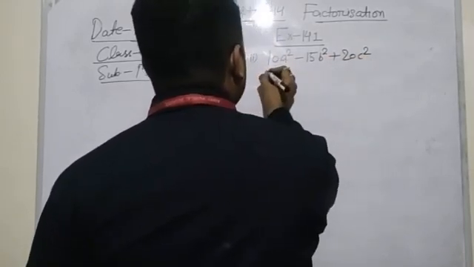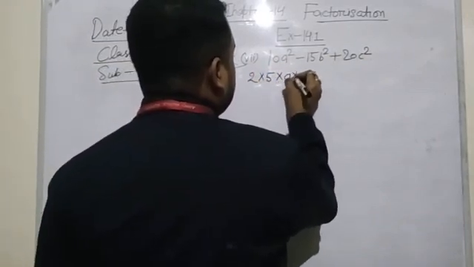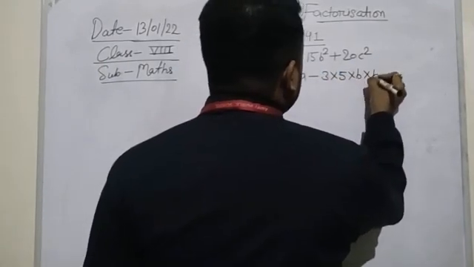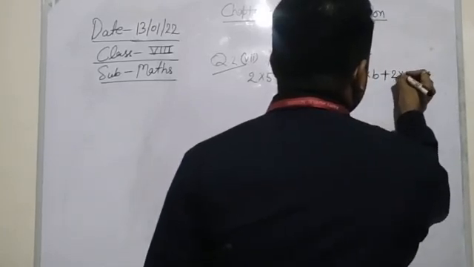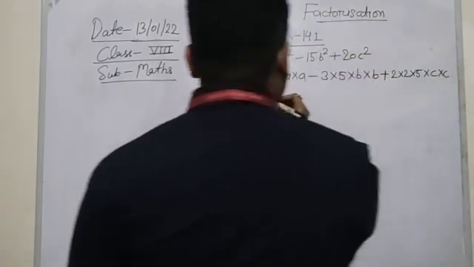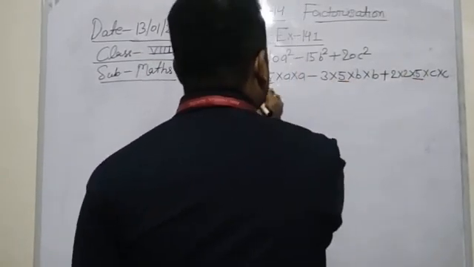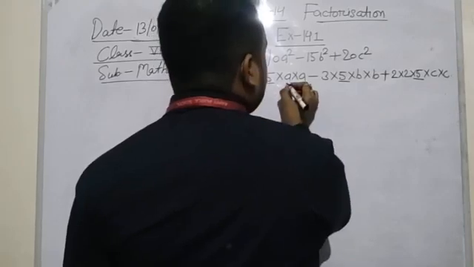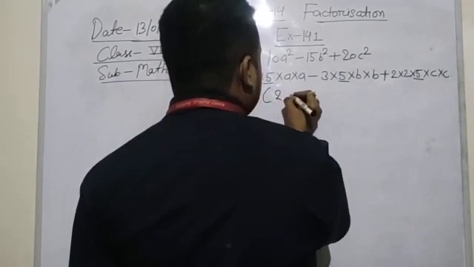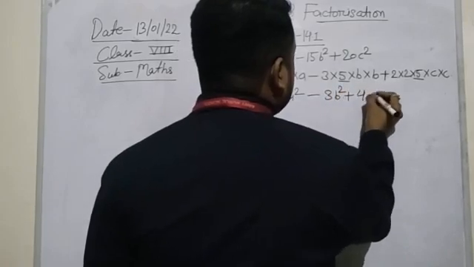So if we factorize this, 10 can be written as 2 into 5 into a, minus 15 can be written as 3 into 5 into b, and 20 factorizes as 2 into 2 into 5 into c. So here in all the terms we can take 5 as the common number, and there is no variable common. So this will be 2a square minus 3b square plus 4c square.